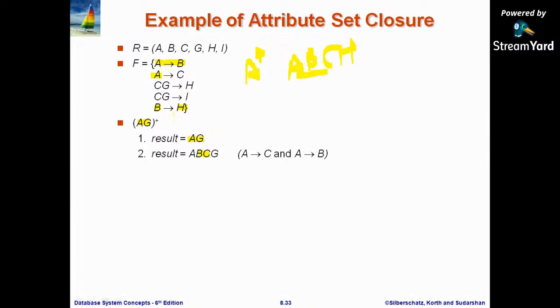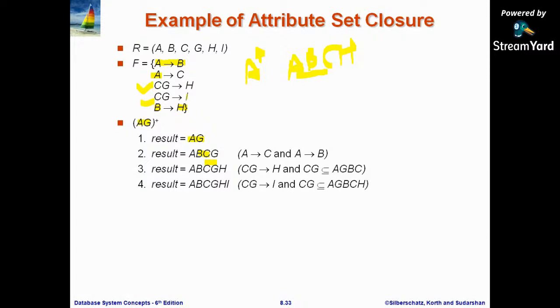Now which functional dependency can be processed? CG. CG is part of the result, so you add H here. The next functional dependency can also be processed: CG is part of it, so I can also be added. Next, B is a part of it, and H is also a part.